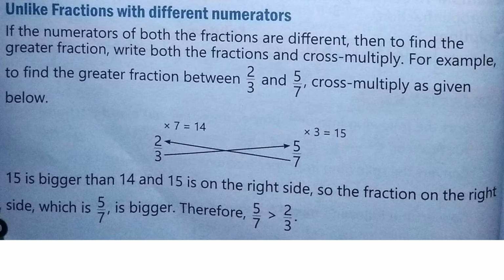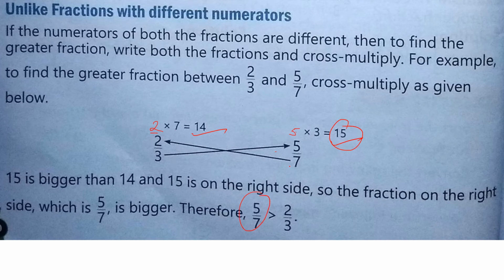See here, 2 into 7 is 14, and here 5 into 3 is 15. So which one is bigger, 14 or 15? 15 is bigger, yes or no? That means 5 by 7 is bigger.